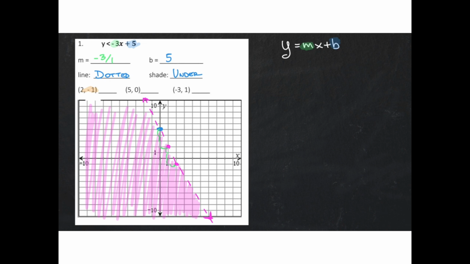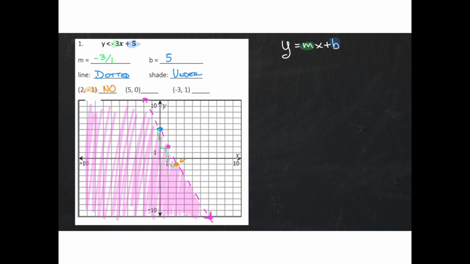So 2, negative 1 is this point right here. Now this point is on a dotted line. And when a point is on a dotted line, that means that this is not a solution. That's actually what the dotted line means. It's just the boundary, not that those are going to be part of the solution.